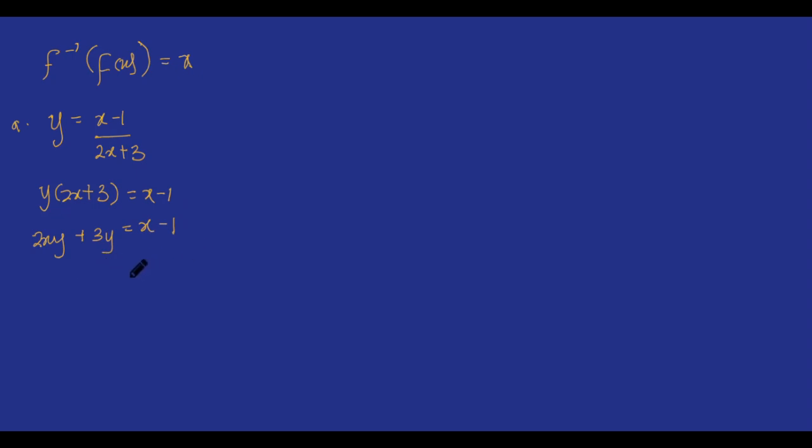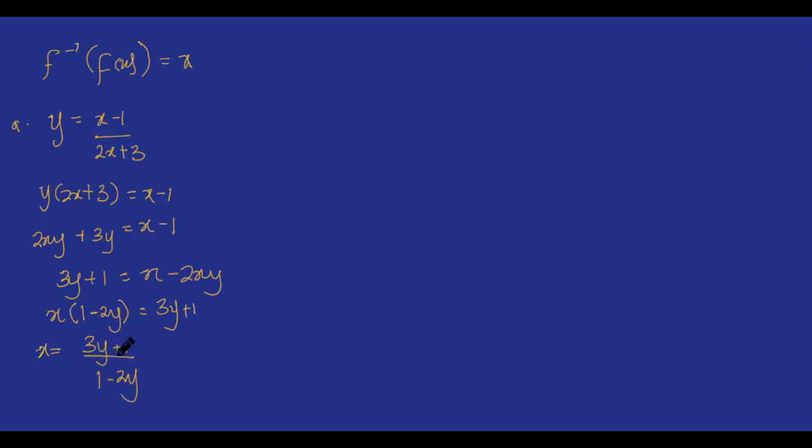Then we can collect like terms and say 3y plus 1 is equal to x minus 2xy. By making x the subject of the formula, factorizing x on the right hand side, we'll have x multiplied by 1 minus 2y will be equal to 3y plus 1. So x now becomes 3y plus 1 divided by 1 minus 2y.